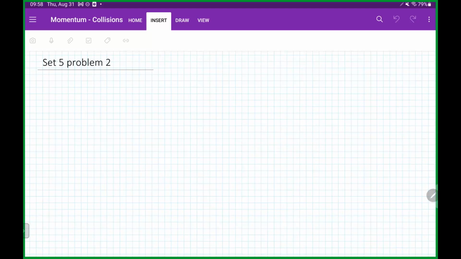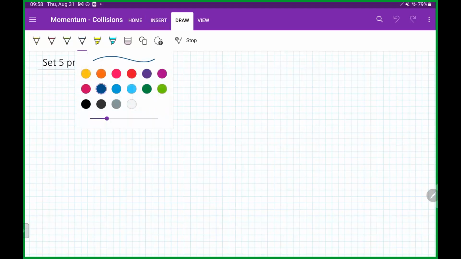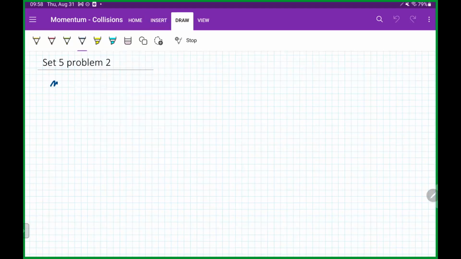Right, so let me just write the data for this. So this is M equal 10,000 kilograms, V equal 12 meters per second. So we know that P is M times V. Let's just calculate the modulus of that.